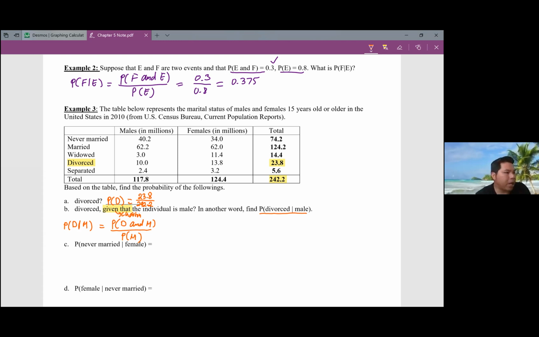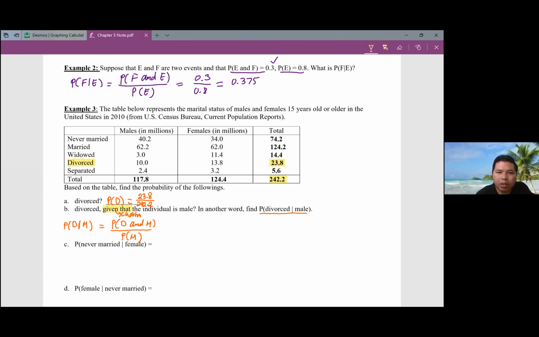All right, so now we have to look at the table, divorce and male, and see where they intersect each other. So this is divorce, right? And then I'm looking at male.